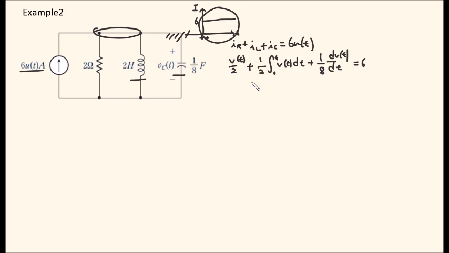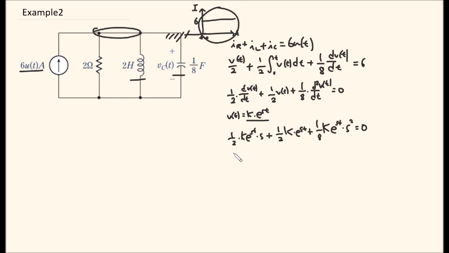So to get our second order differential equation, we are going to differentiate both sides. Then we assume v of t to be some form of k times e to the st. So if we replace v of t with k times e to the st, we can rewrite this equation in this way. If we put k times e to the st to the left side of the equation, we get this equation, which is called the characteristic equation.